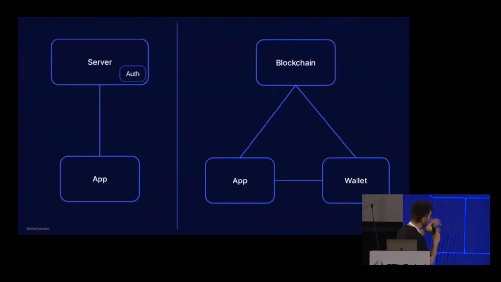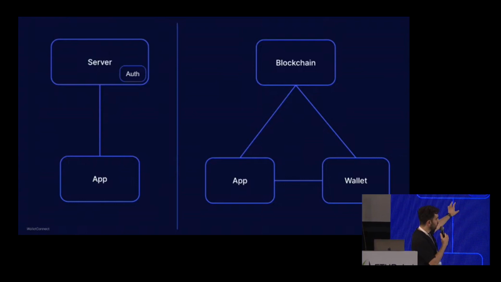I like to always show this diagram because for me it makes it easier to understand what's different about Web3. In the past, we had an application, or a client as it's sometimes called, that talks to a server. There are multiple components in a server, but obviously we want to focus on the authentication part.